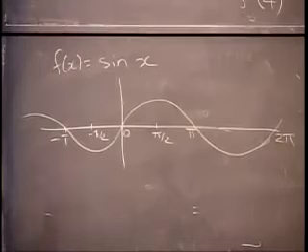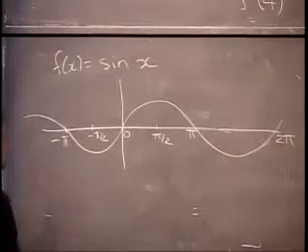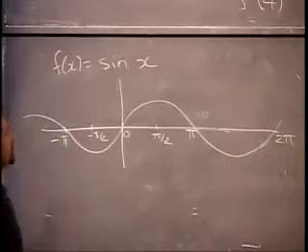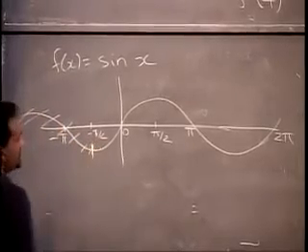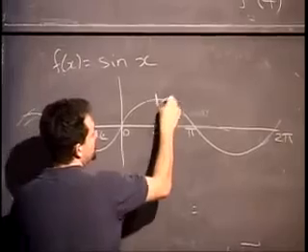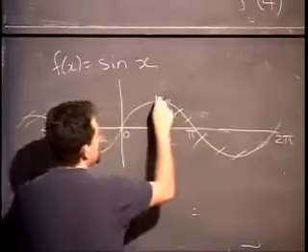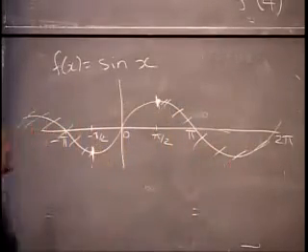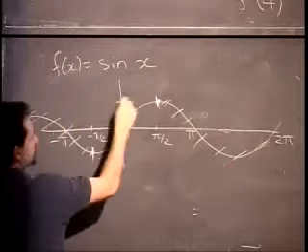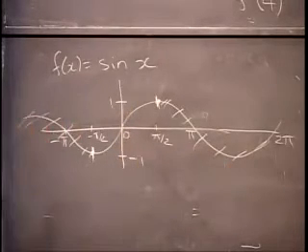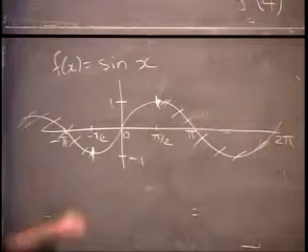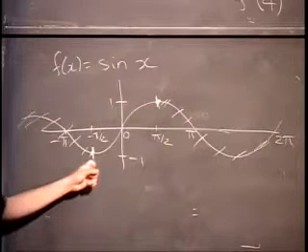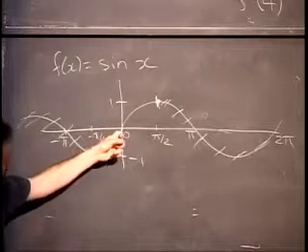So clearly we have to do something, and it turns out that a pretty good thing to do, it's not the only choice, is to throw this away and start here and stop here and throw all that away. You do get a function which is increasing all the time. In fact, the derivative of sine x is cosine x, and cosine x is positive in the fourth quadrant and the first quadrant.